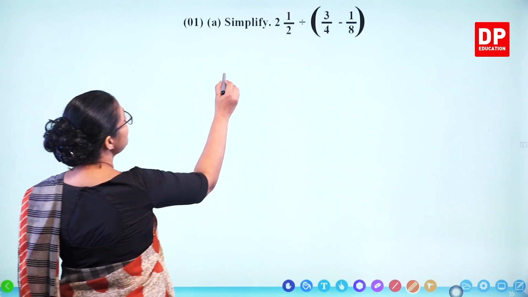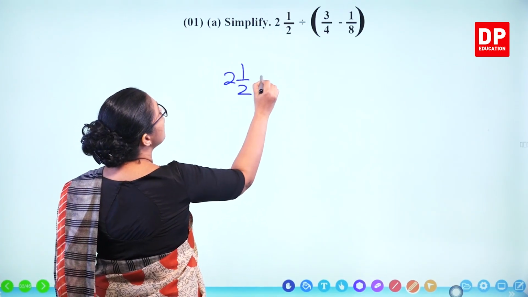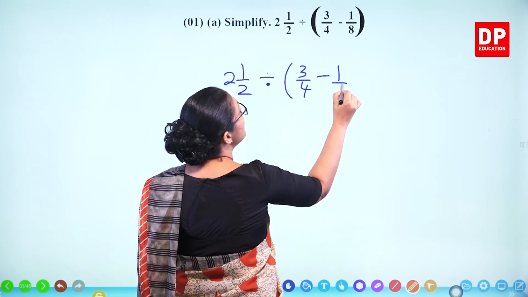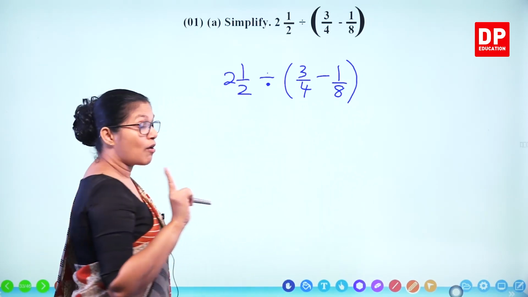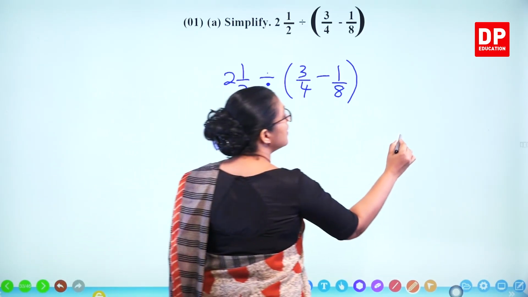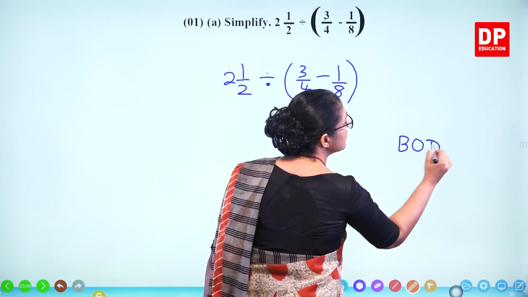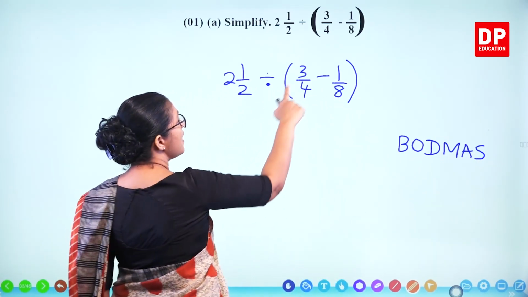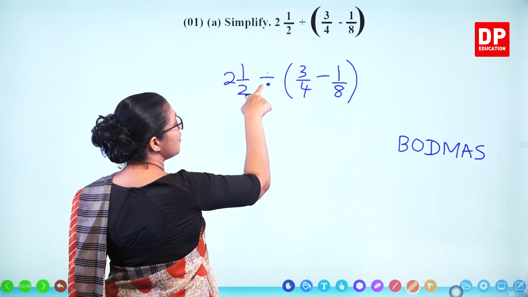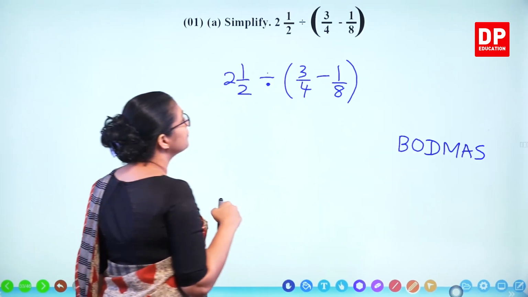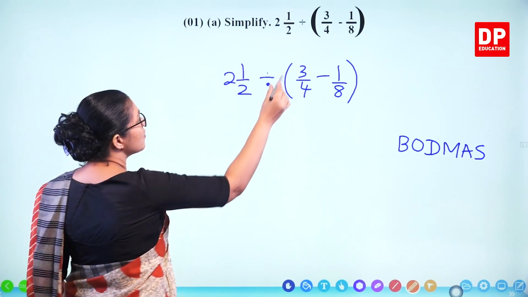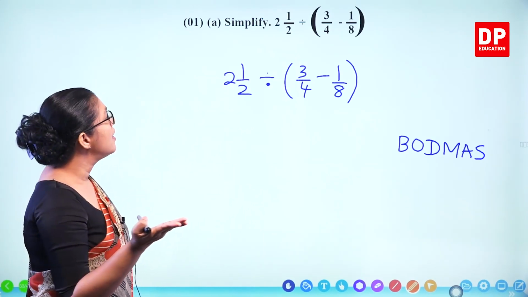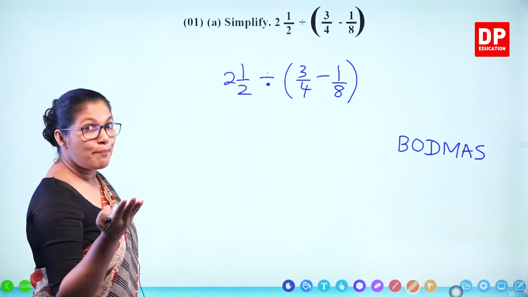Simplify 2.5 divided by 3/4 minus 1/8. According to BODMAS, brackets first, and then you have to do division. So we'll do the brackets first. 2.5 you can convert to an improper fraction.